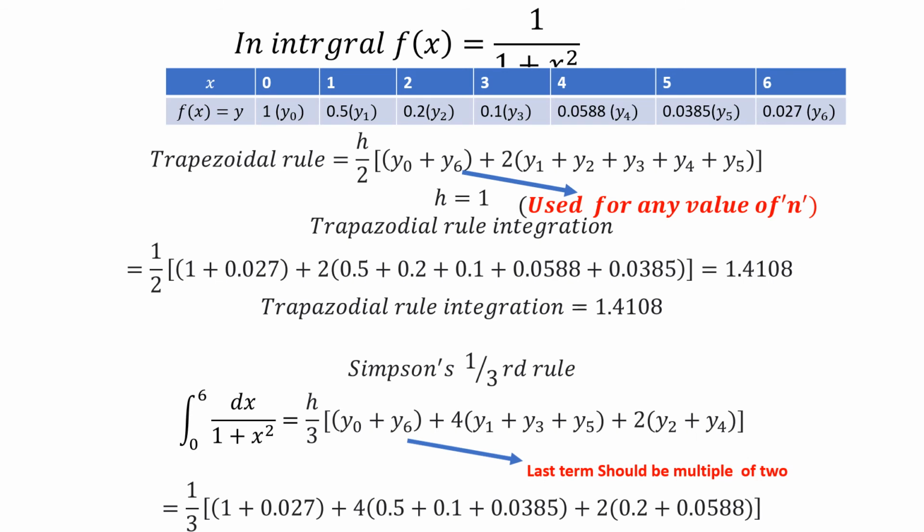Now, if you calculate the same value with the Simpson 1 by 3 rule, what is the formula? dx, this value we will calculate as h by 3, y0 plus y6. This is the last term basically. The last term should be a multiple of 2, so you can take 2, 4, 6, 8. Other terms you have to add accordingly, like here we have added all our terms.